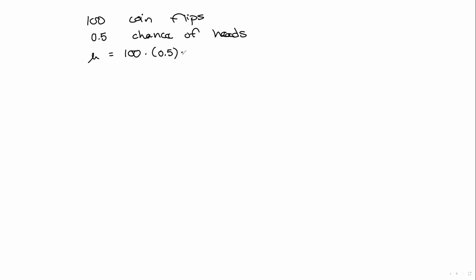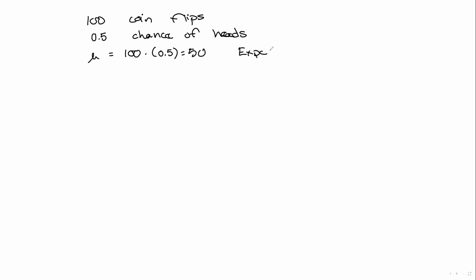All right. So what we've got is 100 coin flips. There's a 0.5 chance of heads. We said the mean was going to be 50, which is 100 times 0.5. This is the expected value.